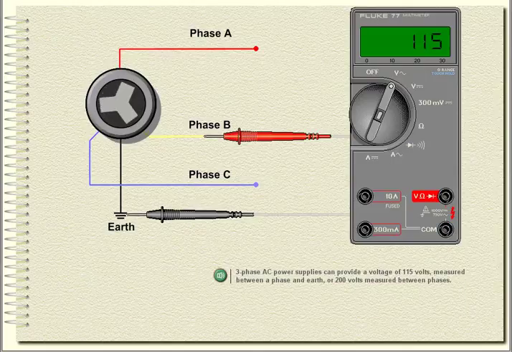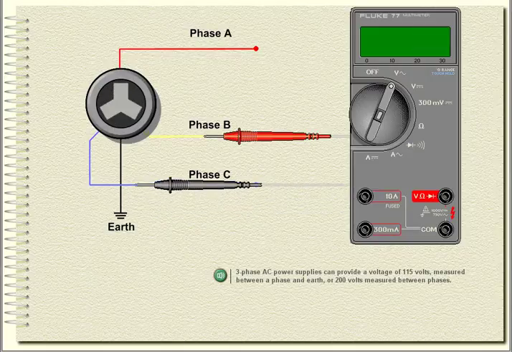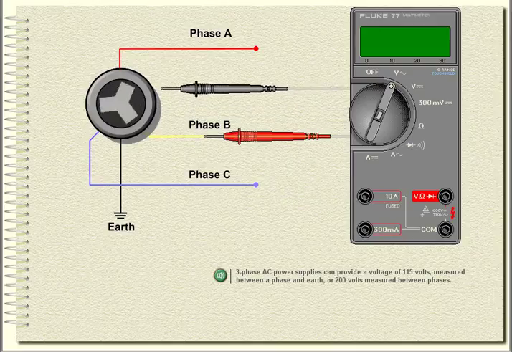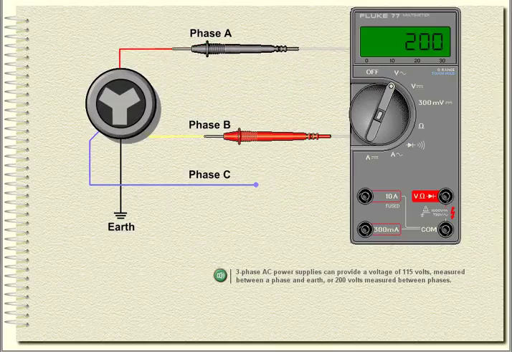Three-phase AC power supplies can provide a voltage of 115 volts, measured between a phase and earth, or 200 volts measured between phases.